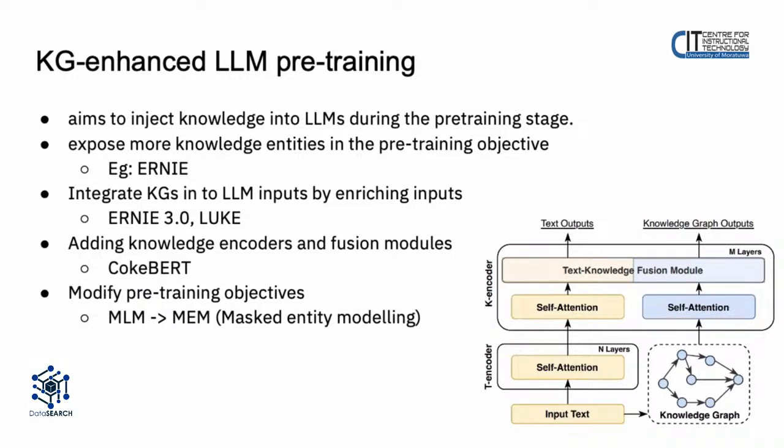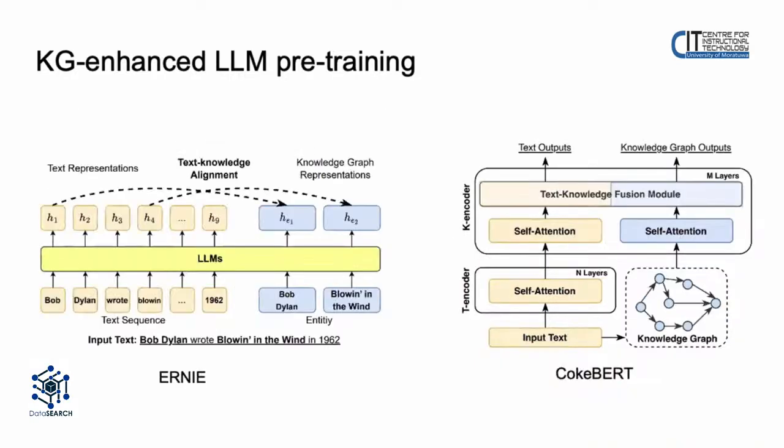So there are models like Ernie and Luke that enrich the inputs that go into the LLMs. Instead of just using token embeddings, learning textual context, you look at entities. For example, I can show you a model called Ernie.